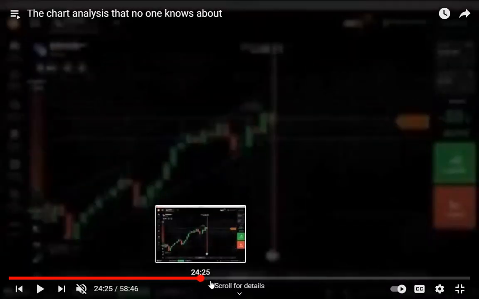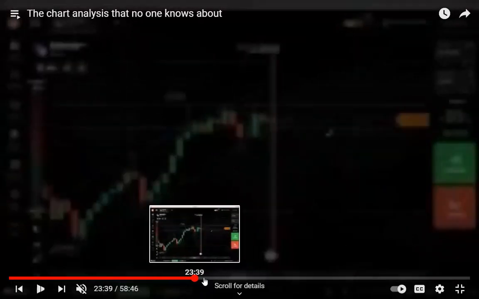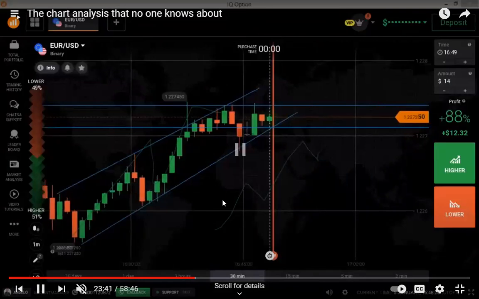Then I think somewhere here, this structure, we can see how the market is moving up to this level, down to this level, up again, down again, up. So this is the structure. You see the structure of the market is moving up and down. That is how I'm explaining.